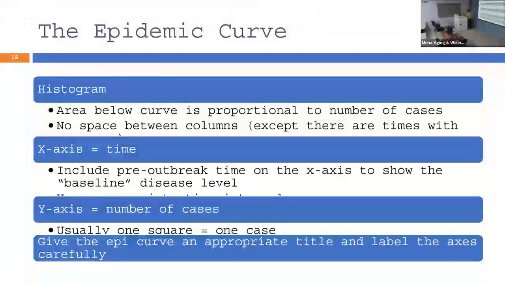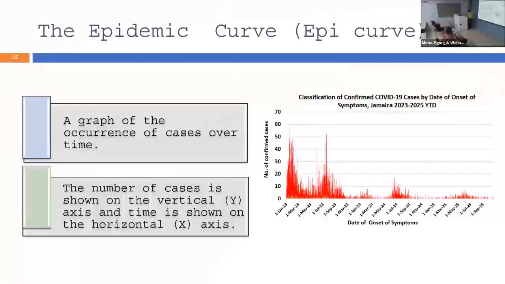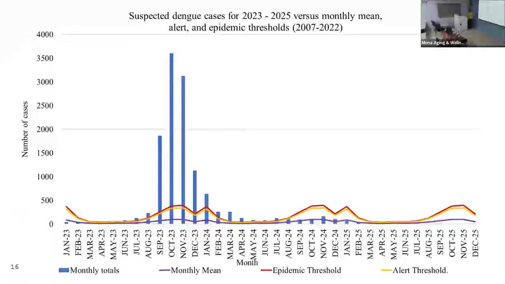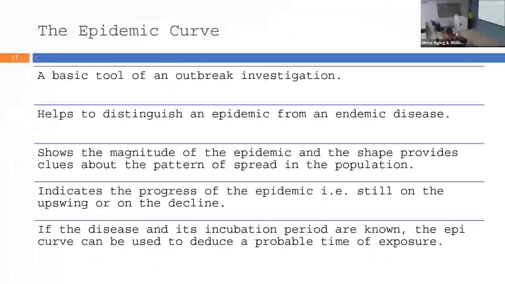So, all right, something has fallen off. For the x-axis, it's time, and we include the pre-outbreak time as well on the x-axis so that we can see what the baseline levels are. I'll just show you. Some months before the outbreak are represented here so we can see what it was before we went into the outbreak.